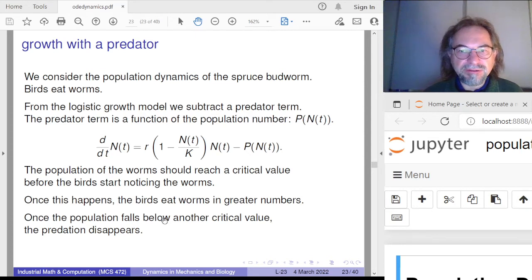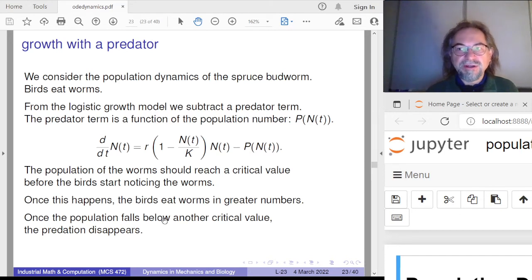The predator term is a function of the population number, and one can even say that it is proportional in the sense that there should be enough worms in the habitat that we study. There should be enough worms already for the birds to start noticing. And once this happens, the bird starts to eat worms in greater numbers.